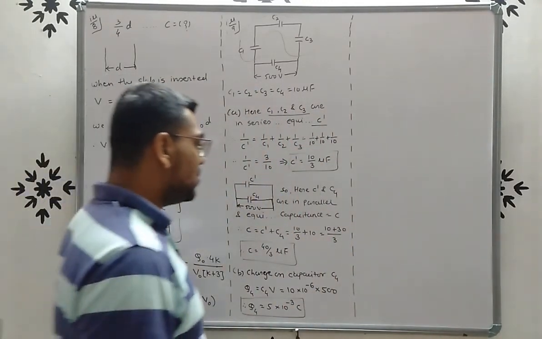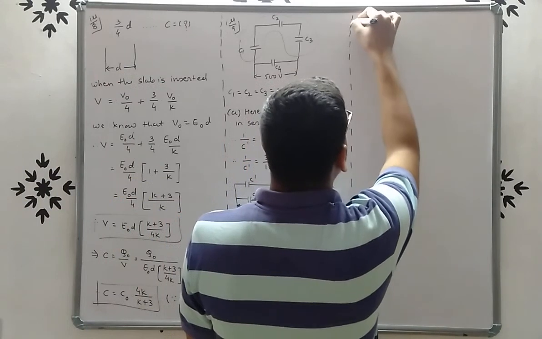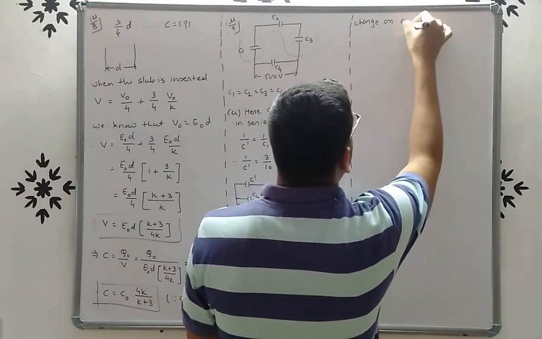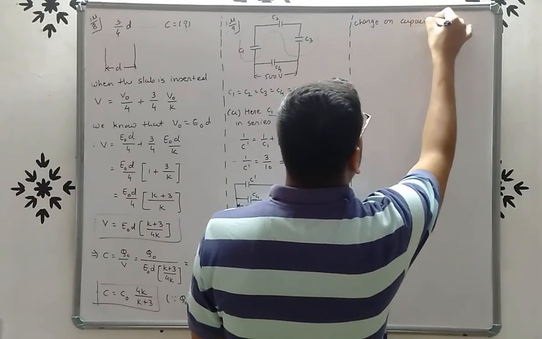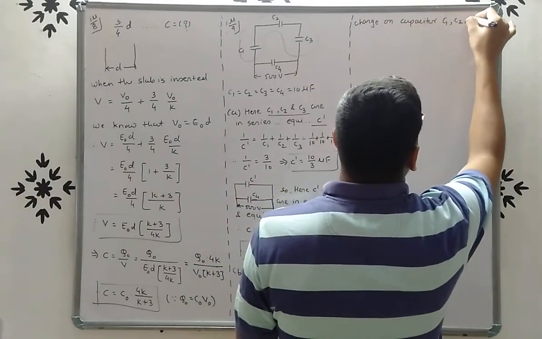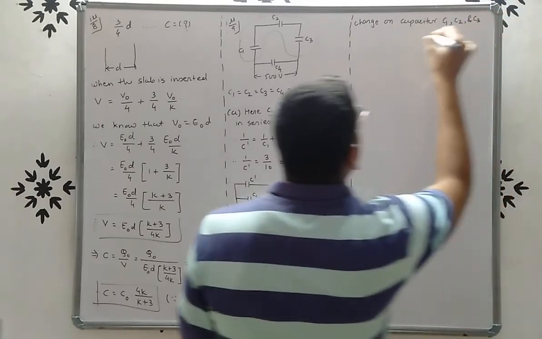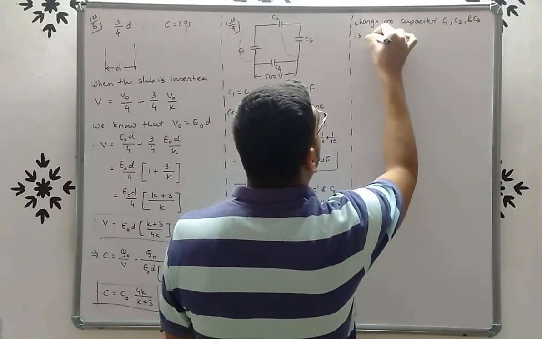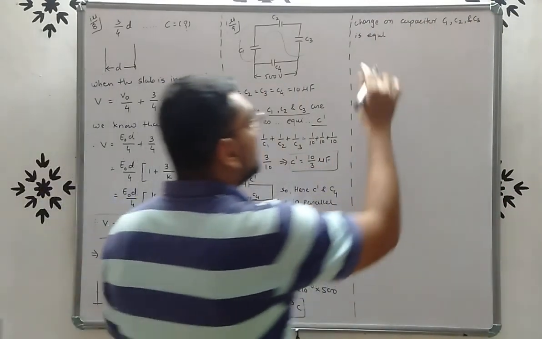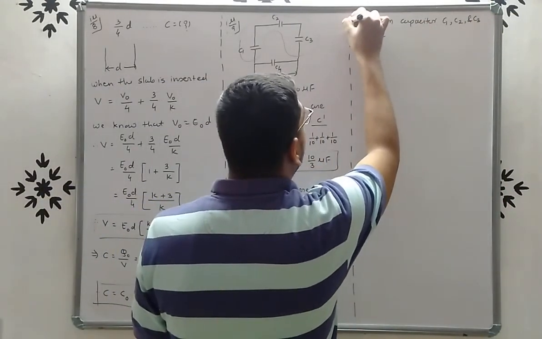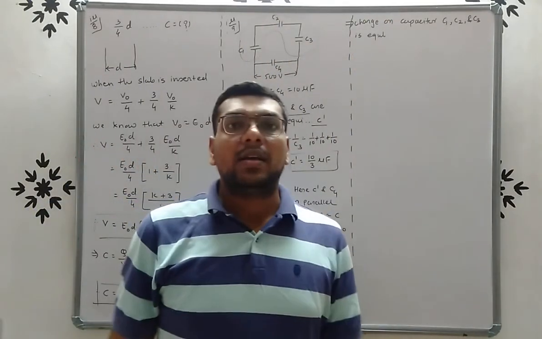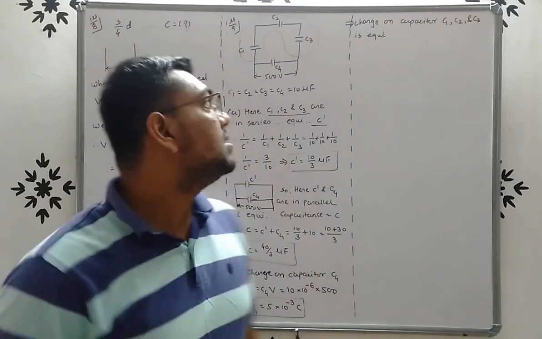So charge on capacitors C1, C2 and C3 is equal. Why? Because C1, C2 and C3 are connected in series, and we know that in series connection charge remains the same.